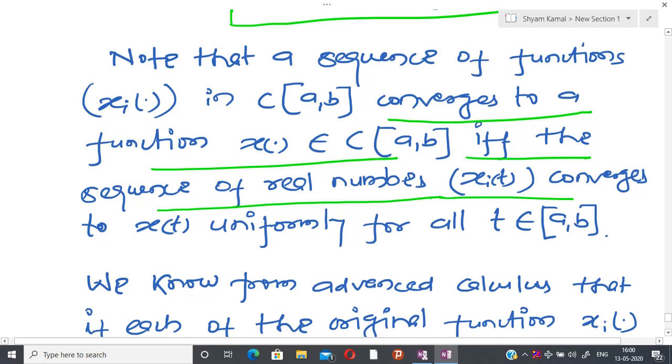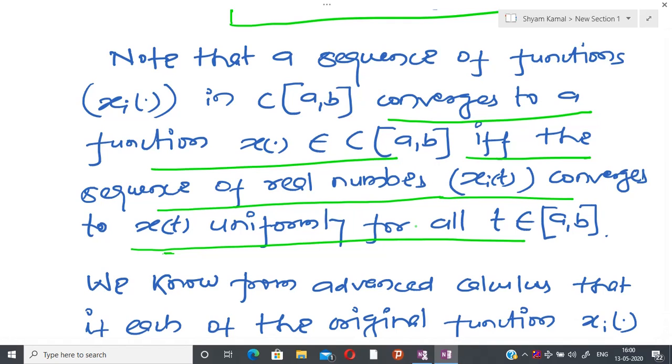At each and every time moment we get one real number from the function, and it is convergent if for all t between a and b it converges uniformly to that particular point.